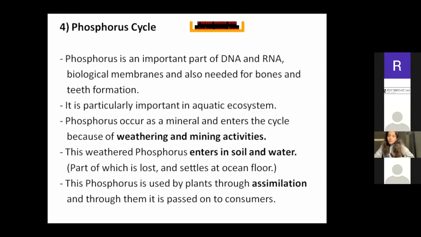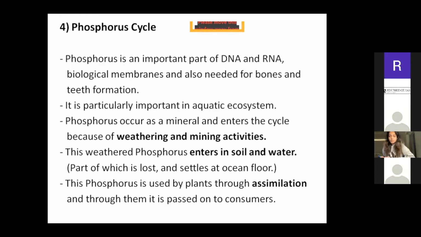And as it is entering into soil or water, if there is a torrential rainfall, then part of this phosphorus in soil or water will be washed away into oceans, and it will subsequently settle at the ocean floor. Ocean floors are not exposed to any kind of weathering medium, like wind, water, waves.